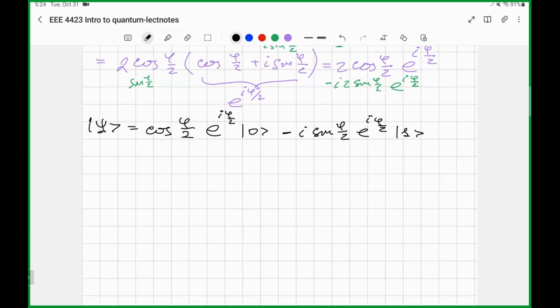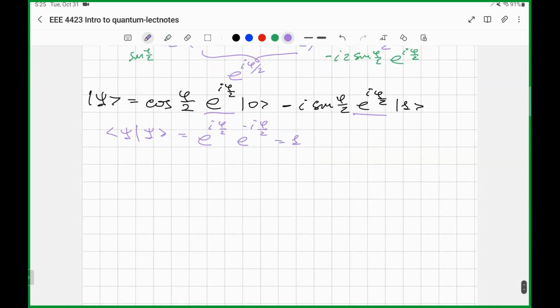Okay, so this is, as we once discussed, the global phase factor, which doesn't affect the inner products or outer products of the vectors, because e to the power of i phi over 2 and minus i phi over 2 gives me 1.